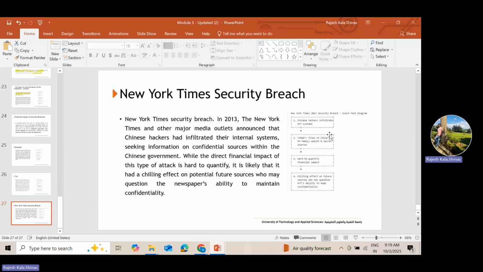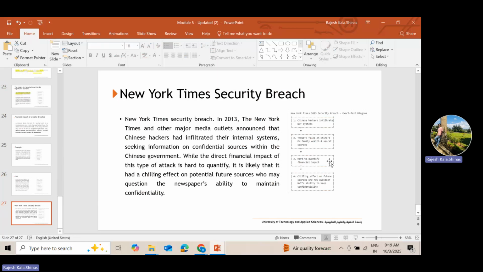Chinese hackers infiltrated the New York Times systems, computers or servers, and targeted only files on the Chinese Prime Minister's family, their wealth and secret sources, like spies working in different countries. They got all this information from the computers.